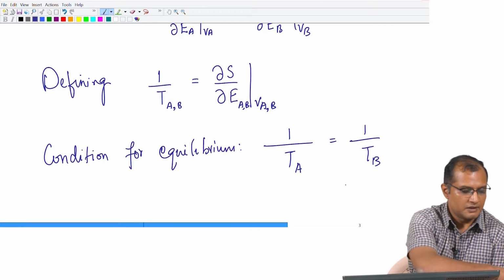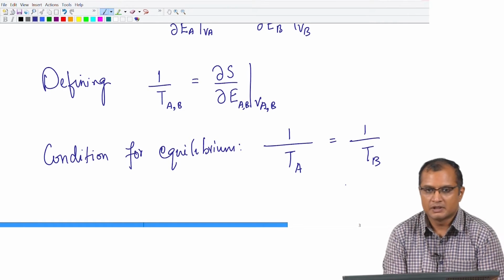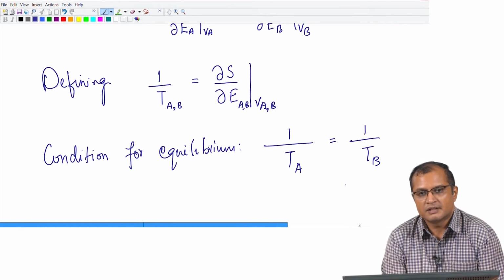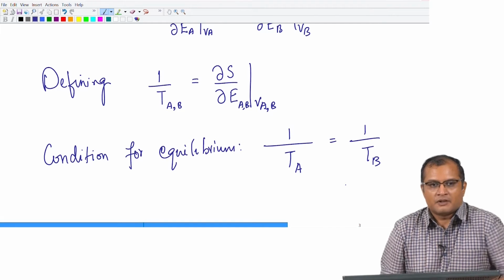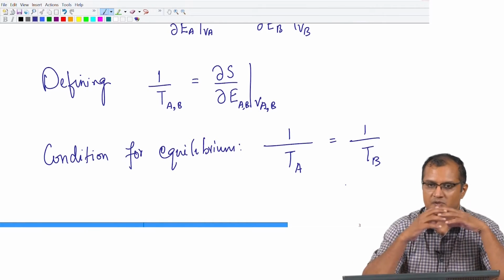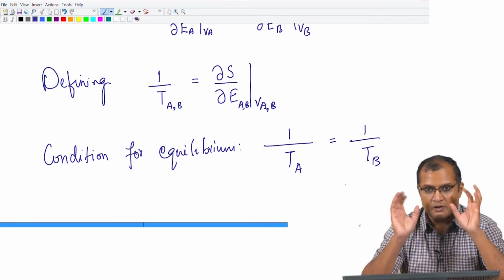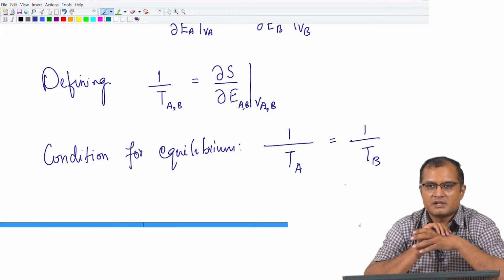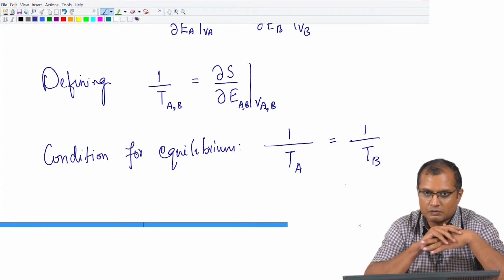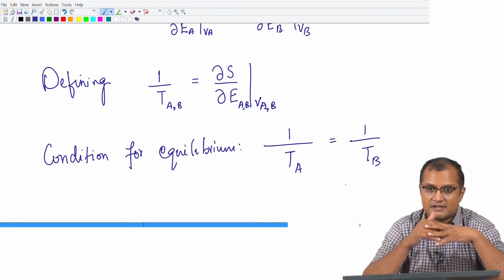So, remember how we derived this condition for equilibrium. We just computed the change in entropy for redistribution of energy between two systems. Now, as long as we are away from equilibrium, this change in entropy will be non-zero, which means your temperatures are not the same.